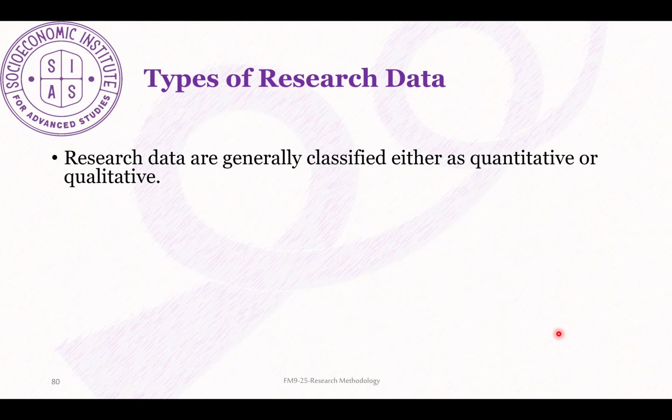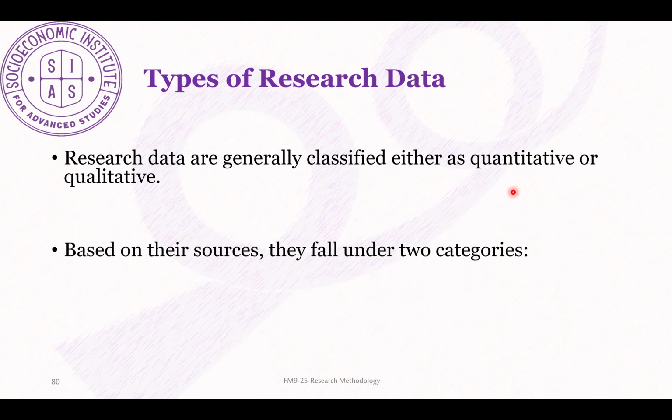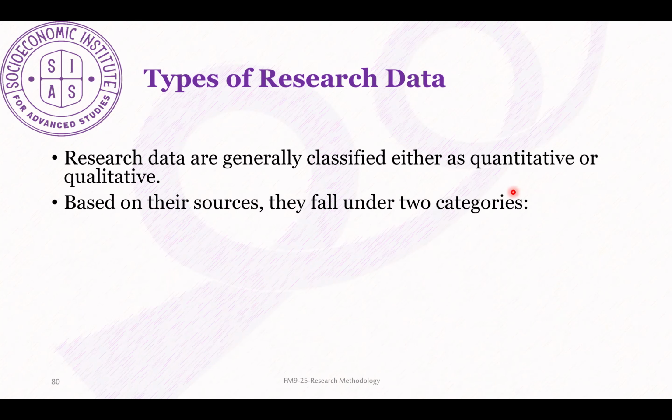The research data are generally classified as either quantitative or qualitative, as we mentioned earlier. Based on their sources, they fall under two categories: either primary data or secondary data.